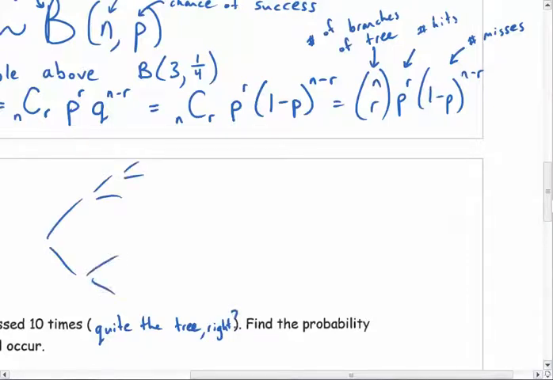This is 3 tosses, 4th toss. The tree's going to have 1,024 branches. So we're not going to make a tree. This is the reason why we've got the formula, so we don't have to have a tree.